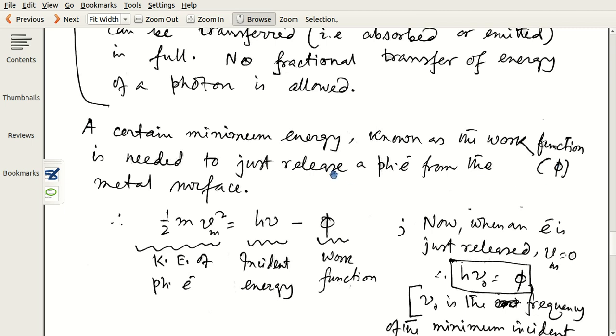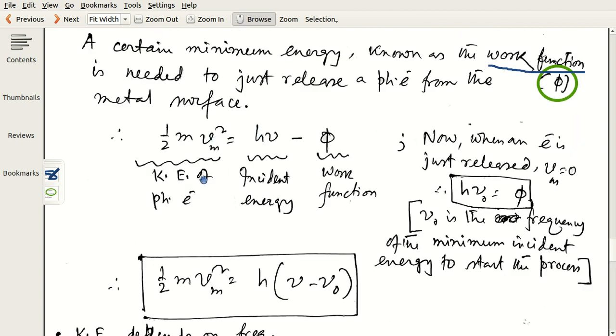So the energy of that incident radiation is the minimum energy known as the work function, denoted by the symbol phi. This term is important, you have to understand it clearly. Work function is denoted as phi.